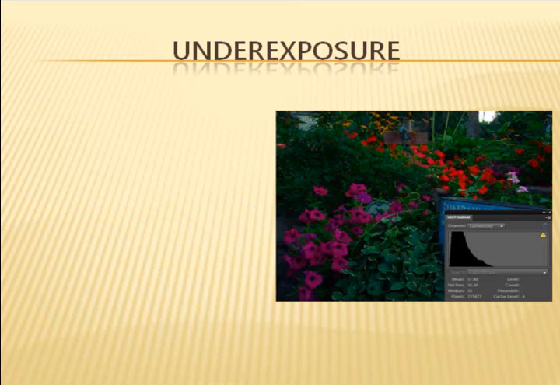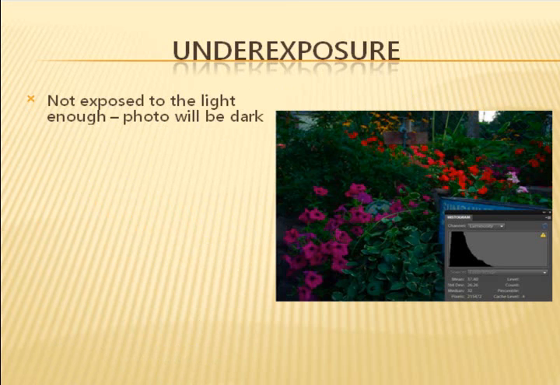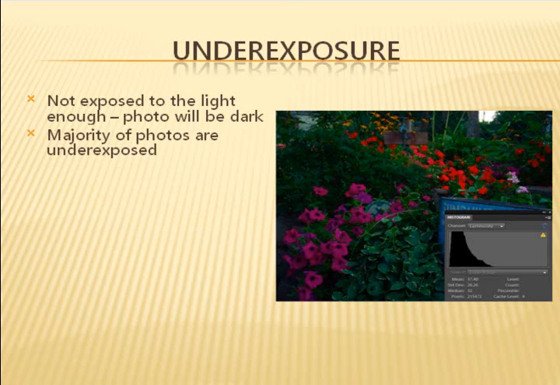Underexposure. Now we're going to learn the differences between underexposure and overexposure. This image that I have here is an underexposed photo. It's not exposed to the light enough, so the photo will be dark. The majority of the photo is dark.